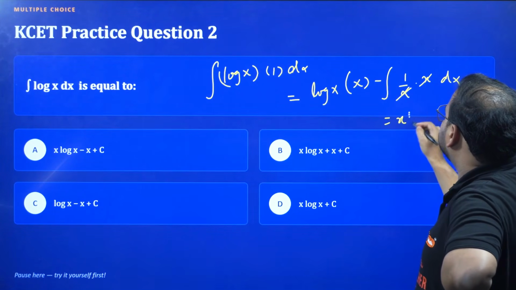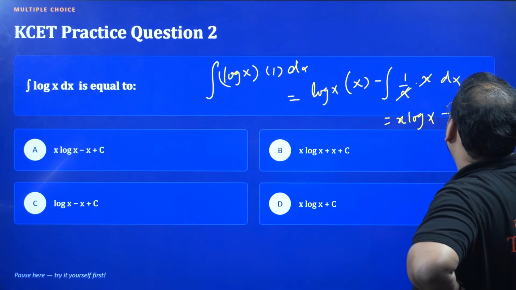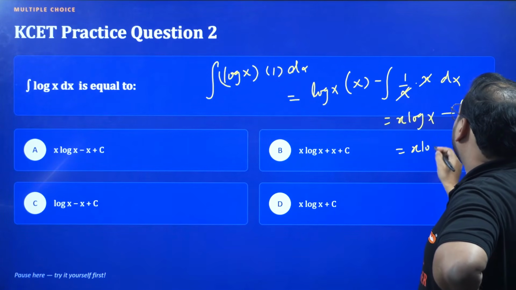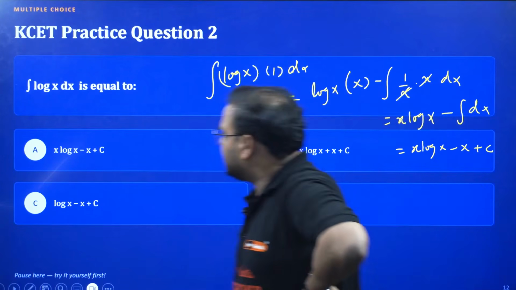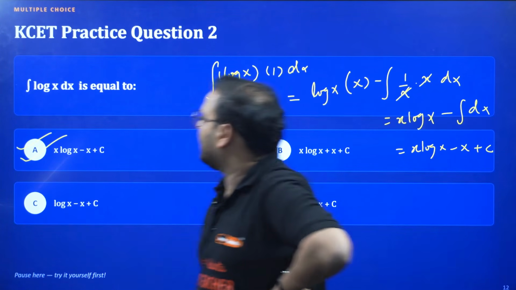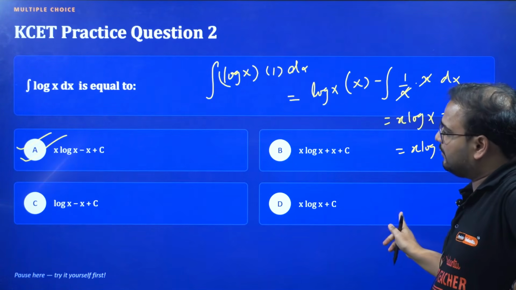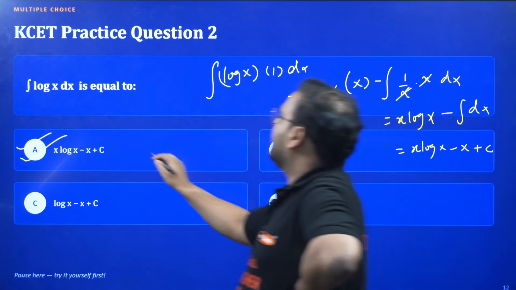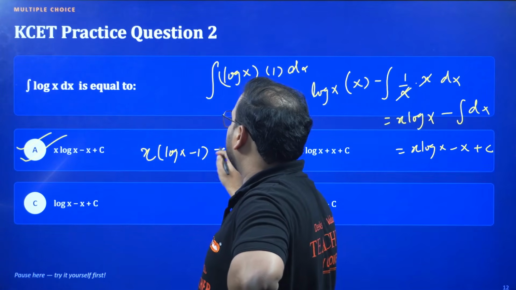I'm getting x log x minus integration of dx. It becomes x log x minus x plus c. The option is A, x log x minus x plus c. If you want, you can take x common, it will become x (log x minus 1) plus c.